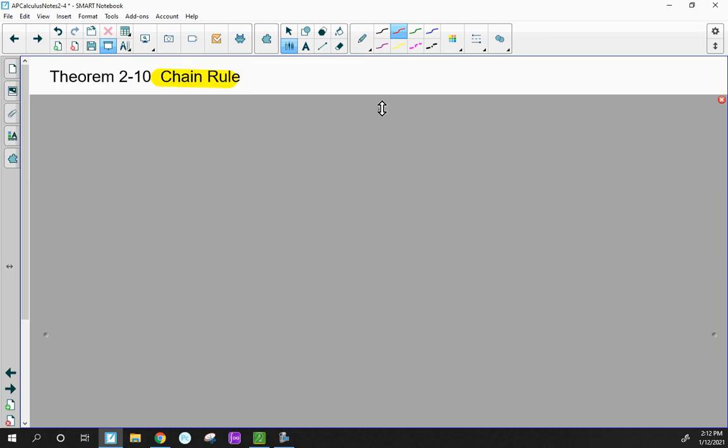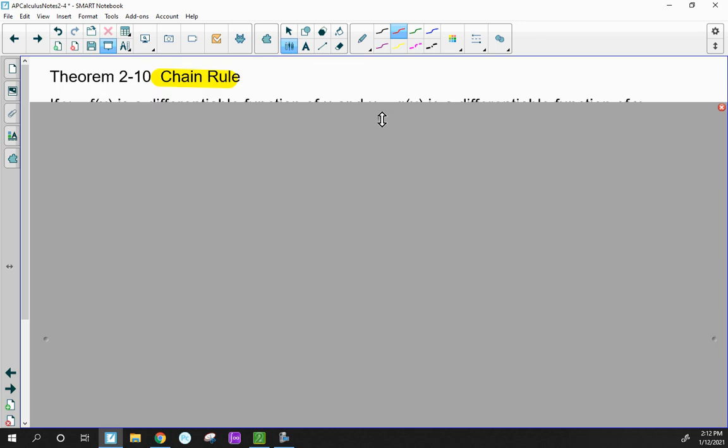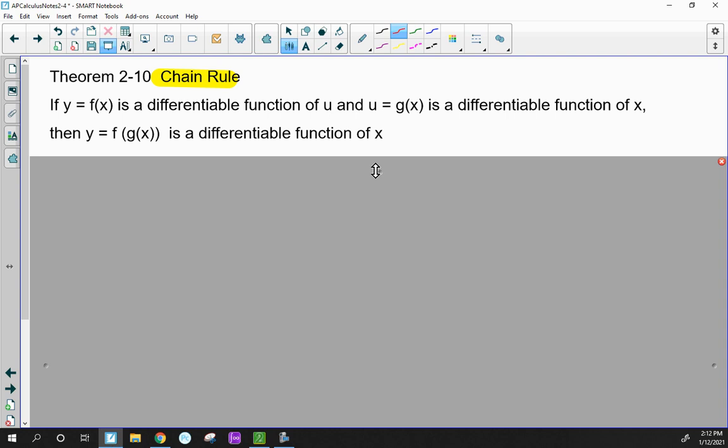Alright, Theorem 2.10 in your textbook is dealing with the chain rule, and it basically says this: if y is equal to f of x, so we're dealing with some kind of function, if that function is differentiable of u, and so introducing the letter u here, u is going to stand for the g of x function, which is the inside piece.